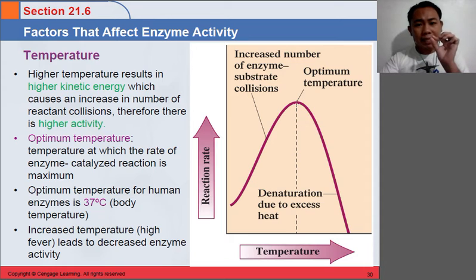Beyond its optimum temperature, it will decrease its activity. Why? Because remember that enzymes are proteins. At higher temperature, proteins denature. That is why denaturation due to excess heat will lower the enzyme activity. Okay?